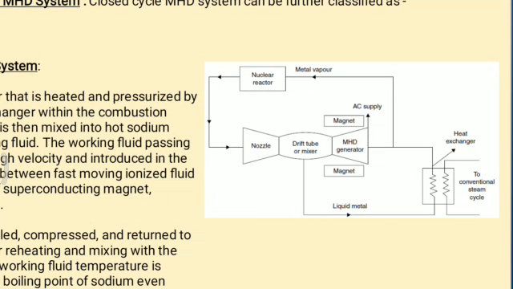The exhaust gas is used again in a conventional system to produce electricity, where a steam turbine is used. After passing through the MHD generator, the gases are used again to heat the water where steam is generated, and this steam is used to run a generator turbine.